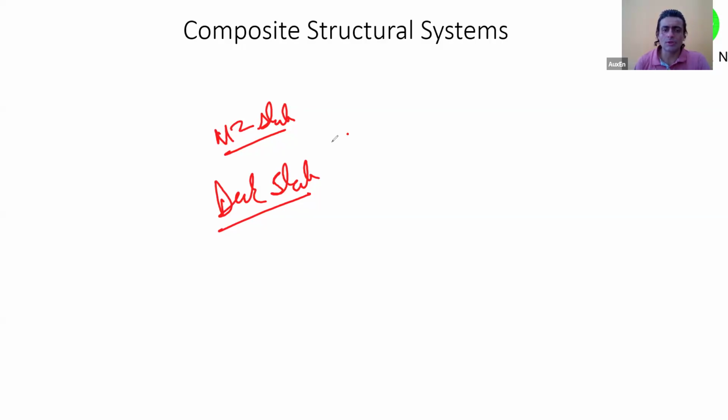I'm not saying you understood the design behind it, but at least you have seen its use or you have used it in your projects, isn't it? I think in India right now, the most common application is deck slabs, where we use deck slabs with concrete topping. That is the most common application that you will find. Okay. So yeah, that is also a type of composite structural system.